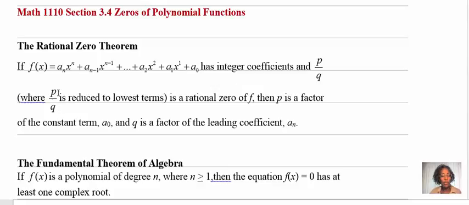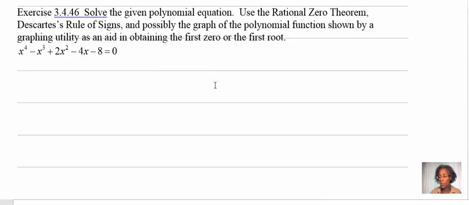So P over Q is the rational root. P is a factor of the constant, and Q is a factor of the leading coefficient. So let's apply that to this equation.